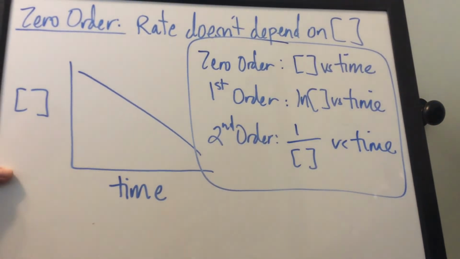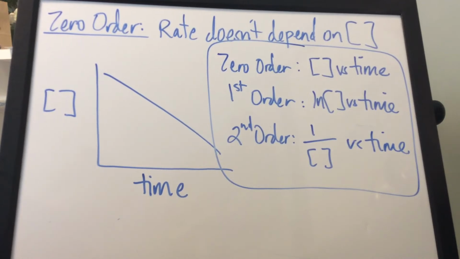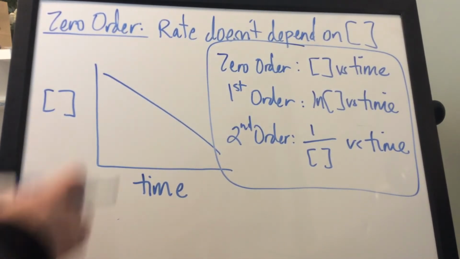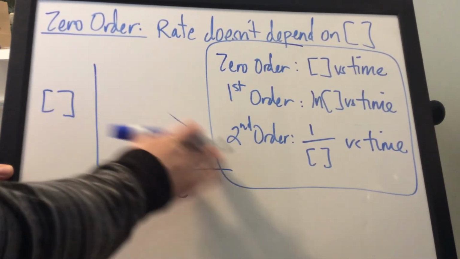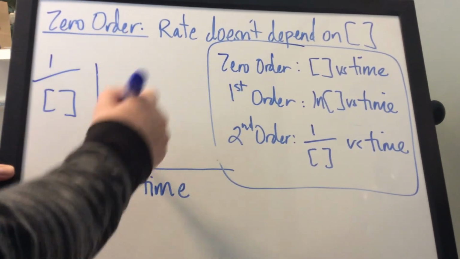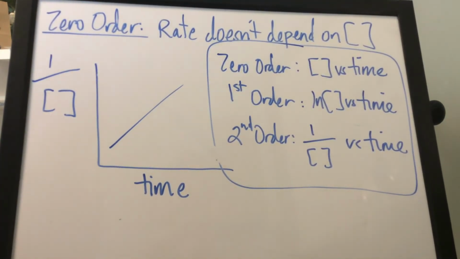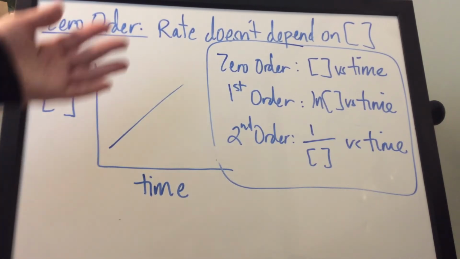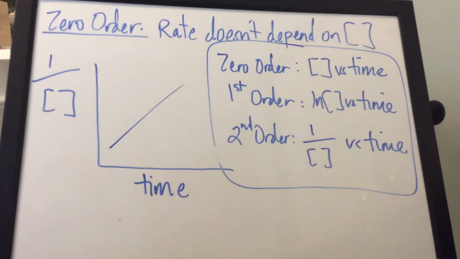Sometimes in multiple choice questions, the AP test will give you a graph that looks something like this, and they'll ask what can we conclude about this reaction's order. If you know your 3, 1 over concentration is a straight line, you'd have to say this is second order. That's the type of question that would be asked of you.